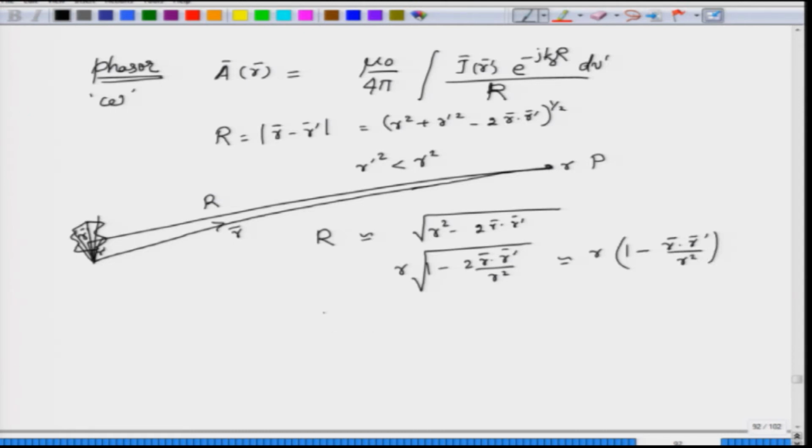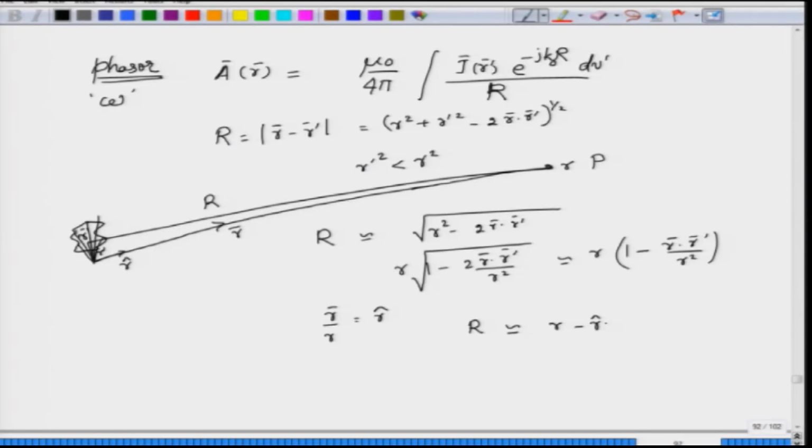Okay. And because the vector divided by its magnitude will give you the unit vector in that particular direction, this would be the unit vector r hat in the direction of the vector r. So, I can rearrange this equation and say that R is approximately small r, which is the magnitude of the distance between the origin of the coordinate system and the observation point, minus r hat dot r prime.